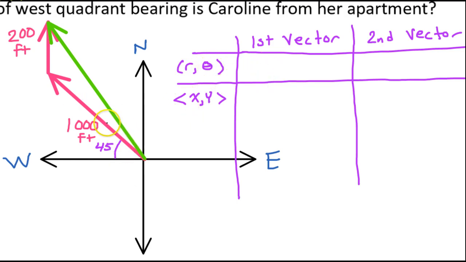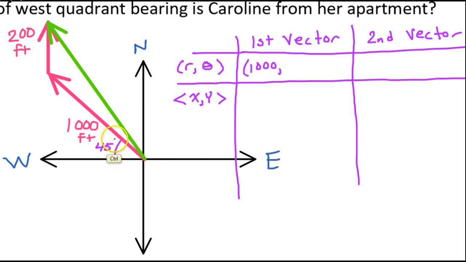So look at the first vector. We need the magnitude and the direction. We have to be a little bit careful here. The magnitude, of course, is 1,000, so we can safely write that down. Now, how about the direction theta? This 45 is not the direction that we need. We need the direction that would be measured from east.